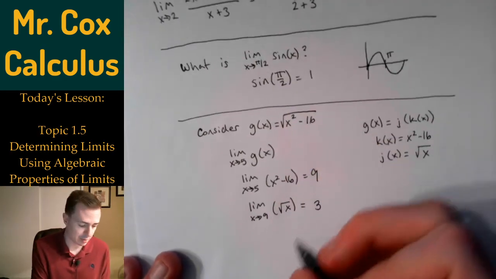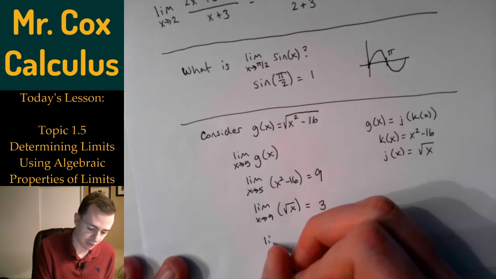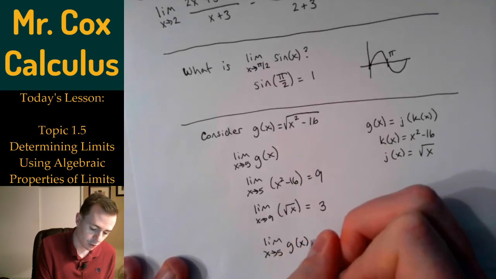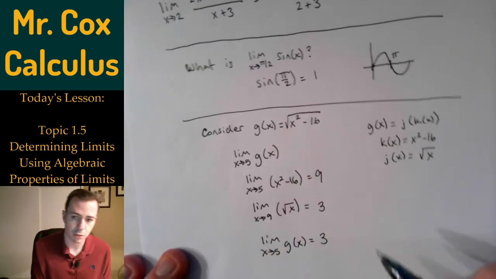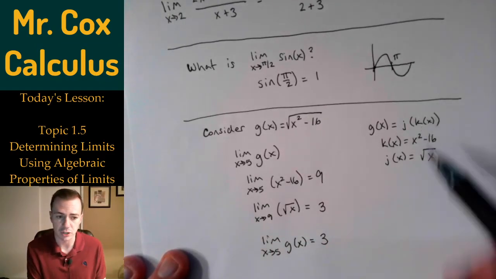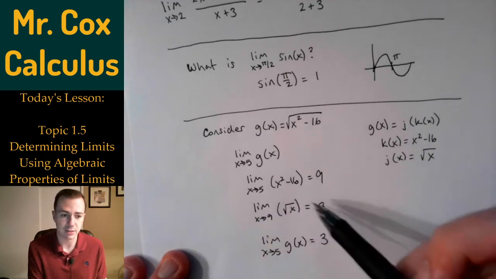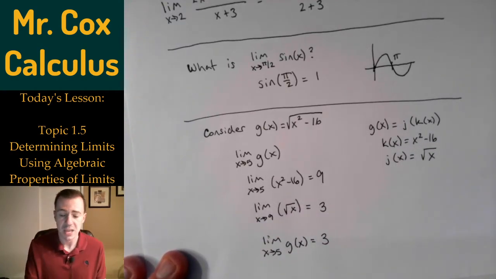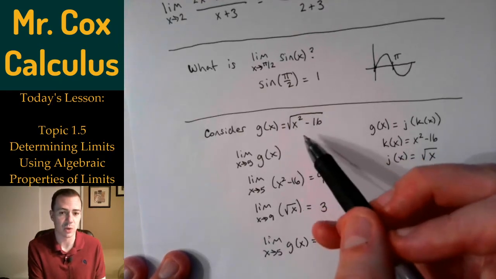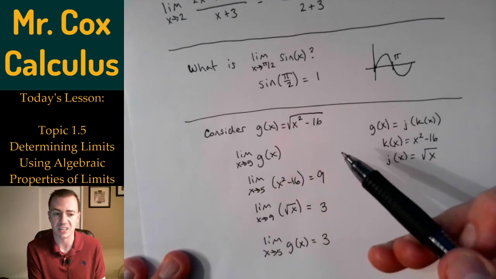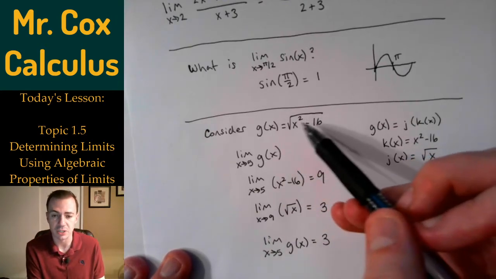So the limit as x approaches 5 of g of x is equal to 3. I can take the limit, apply it to the innermost function, and then apply that to the outermost function, and I can work with the composition of functions that way. It also happens that this function is well behaved, and you would get this same value through direct substitution into the one we started with.